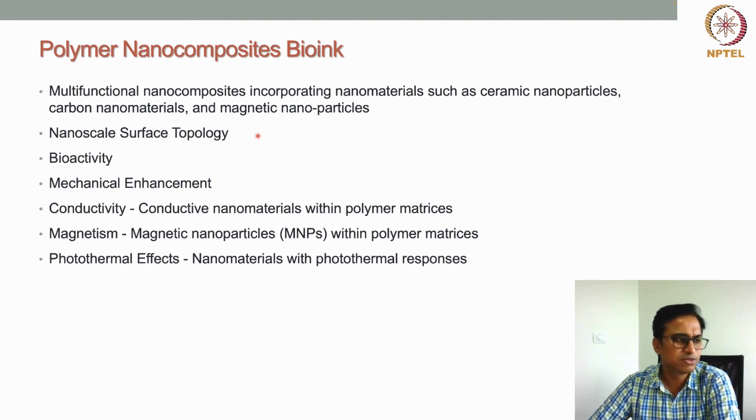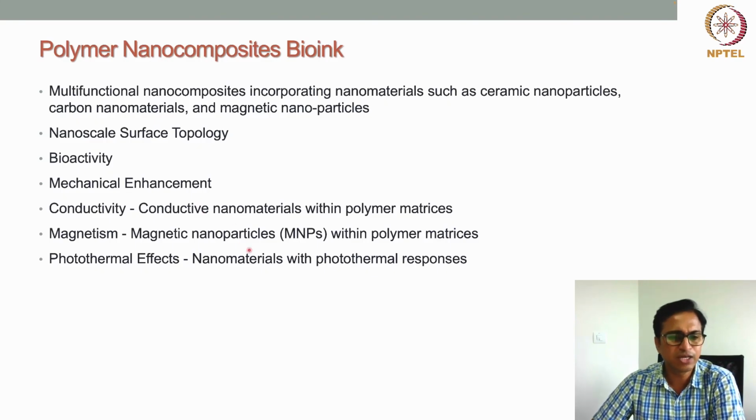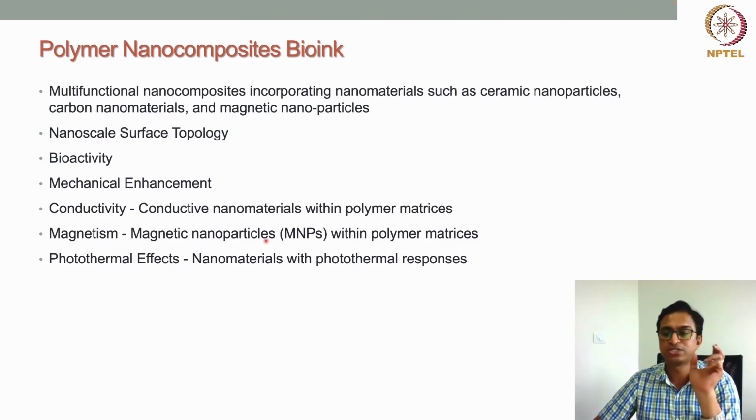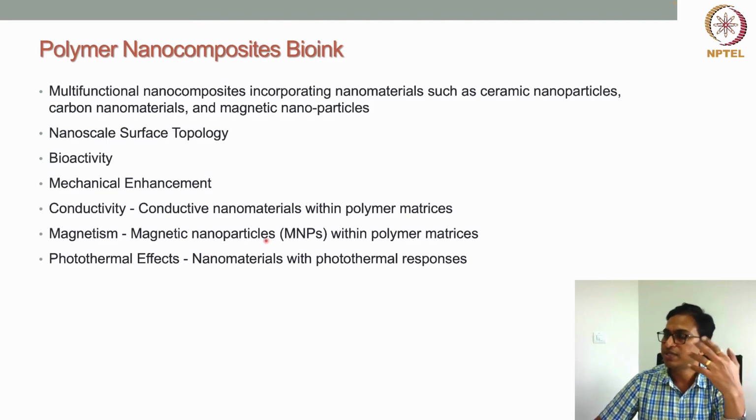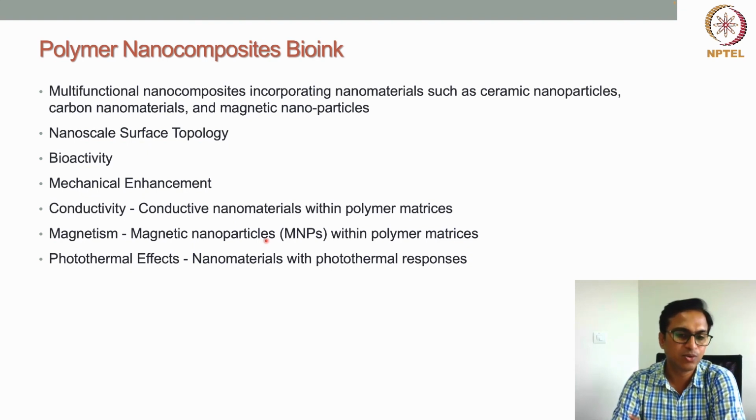Another way to improve the functionality is by incorporating magnetic nanoparticles within polymer matrices. When magnetic nanoparticles are incorporated within the polymer matrix, the structure becomes responsive to a magnetic field. They can also be arranged by an external magnet.